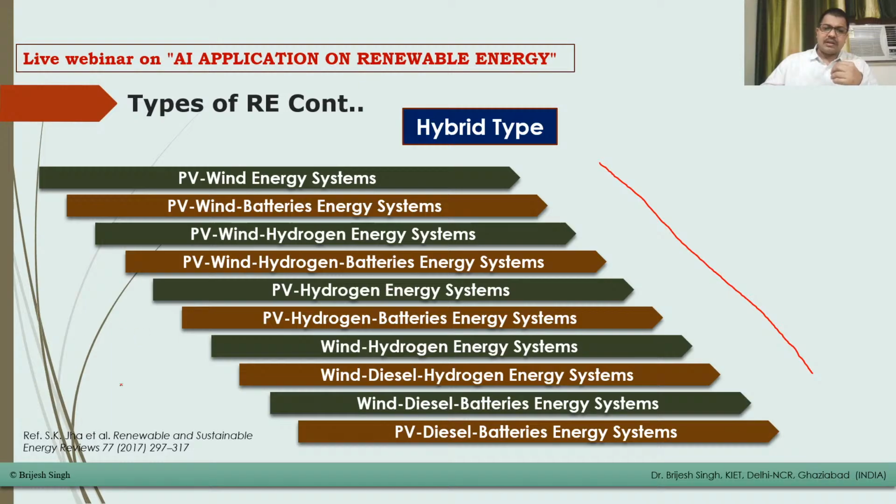You can take the details from the reference SK Jha et al, published in Renewable and Sustainable Energy Reviews in 2017. Some other types of hybrid systems are also available, but these are the most important, most acceptable and most mature systems available worldwide. So I have listed them here.